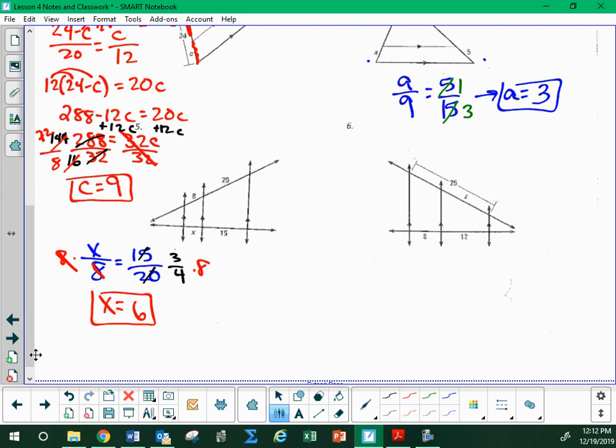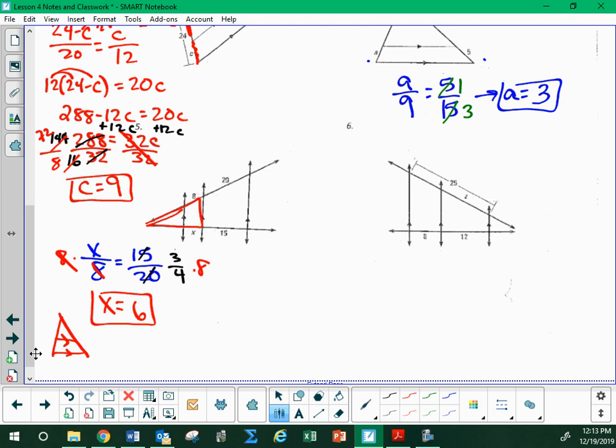So side splitter theorem, so this is our corollary to side splitter. Side splitter is specifically when I have a triangle with the parallel lines. This corollary is when I have parallel lines outside a triangle. Now, technically, if I extend this out here, then I can apply side splitter with those. But this is not technically a triangle here.